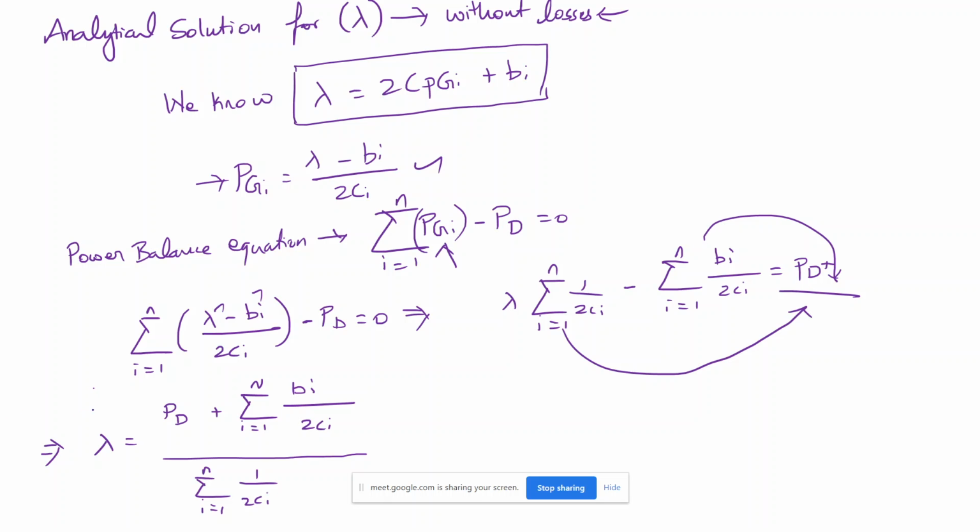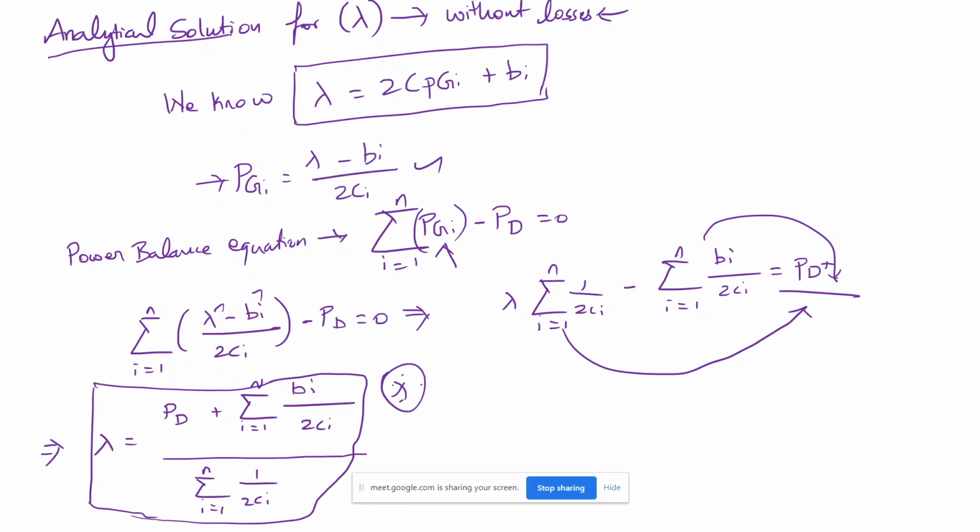So this is the final lambda value. This is a very important equation. Note it down, this is very important to actually solve the analytical solution. This lambda is going to be used for solving the analytical problem. I hope you are writing in your notes also.